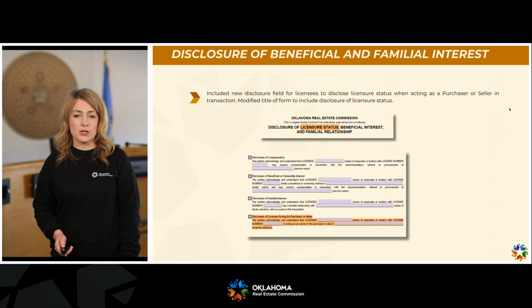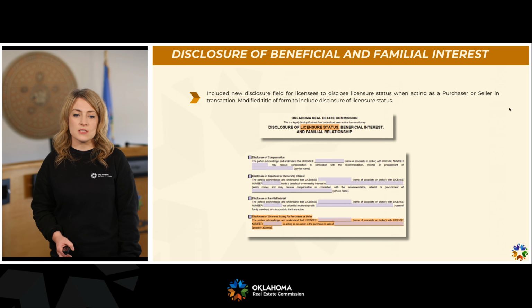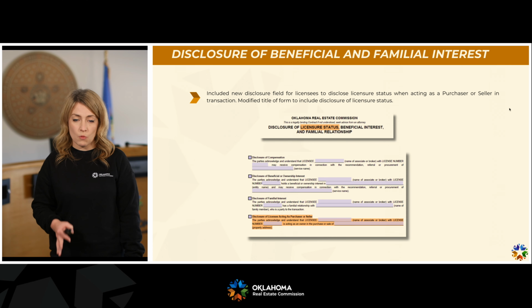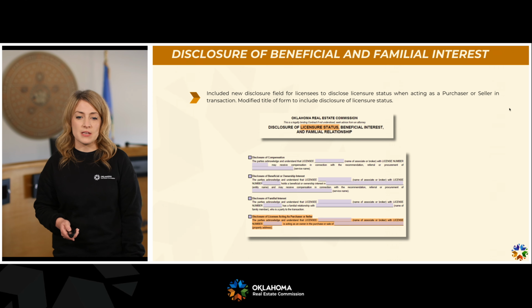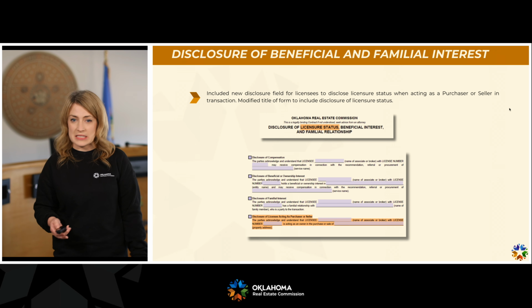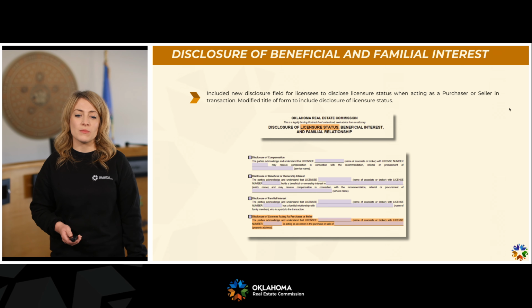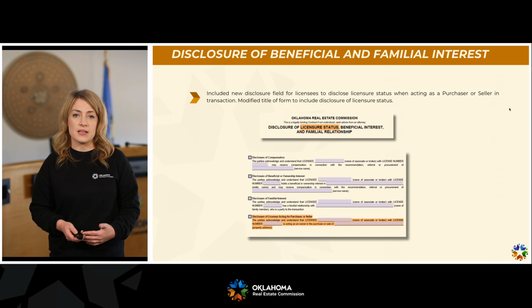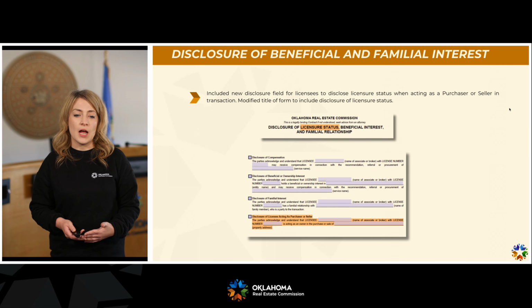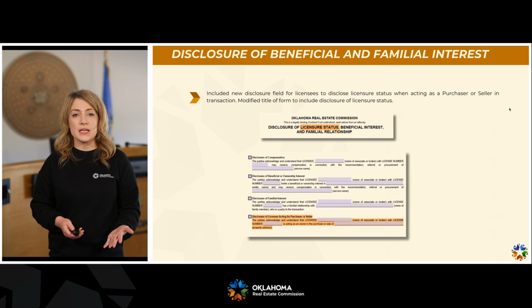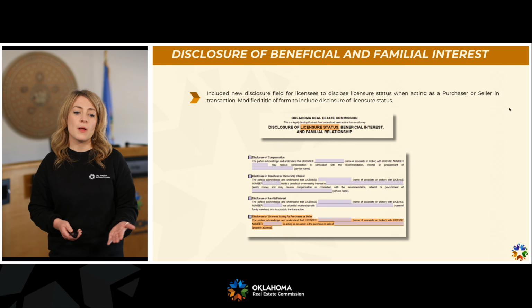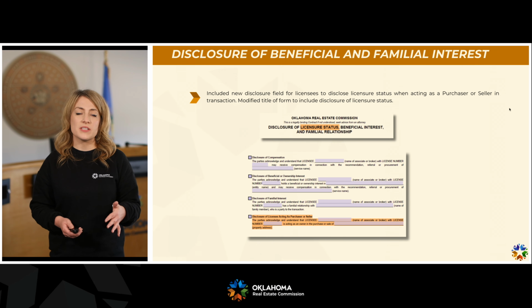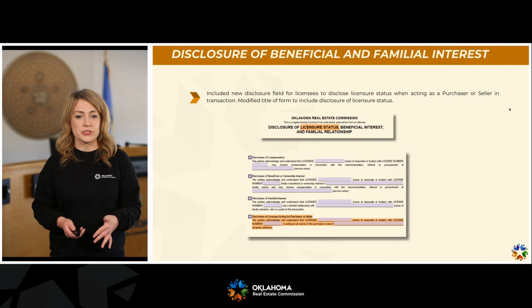Next, on the disclosure of beneficial and familial interest, this is a new form that was implemented in the 2024 forms, and we received great feedback and suggestions from licensees just like you on this form to add the ability for a licensee to disclose their status as a purchaser or a seller. And so you can see here, we updated the title of the form and also added a fourth box in an area for someone to designate that they're acting as a purchaser or a seller.